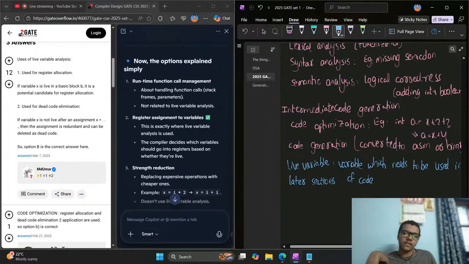How about that? It decides whether a variable should stay in register or not.